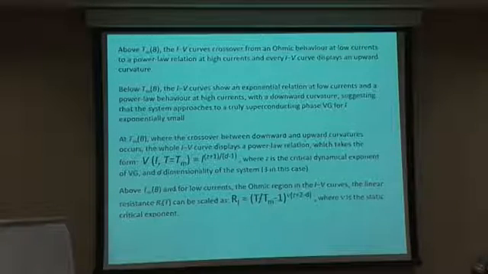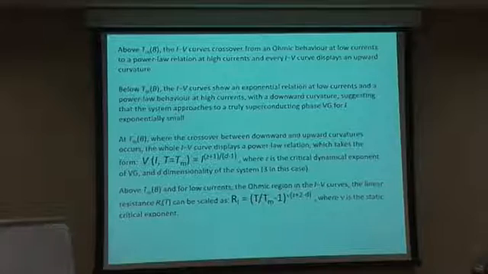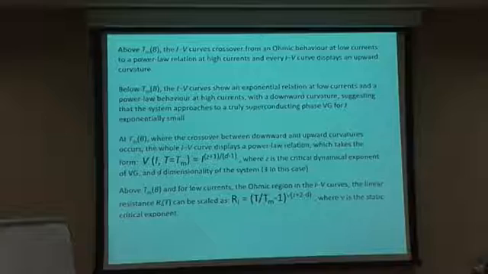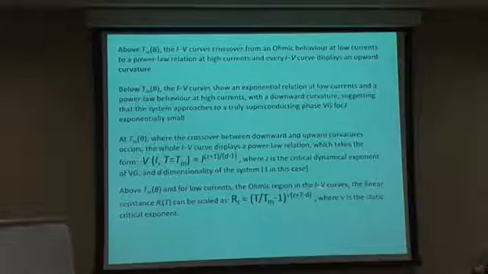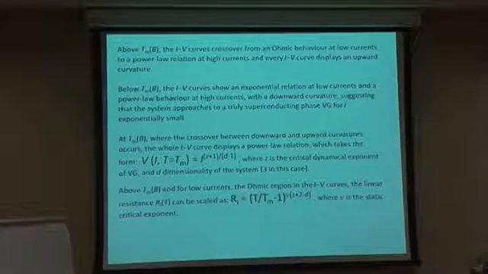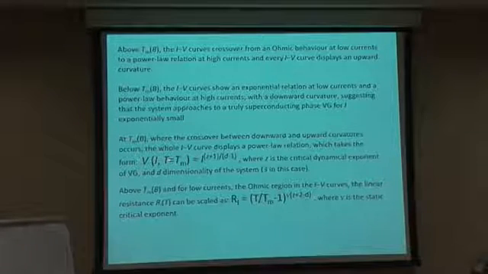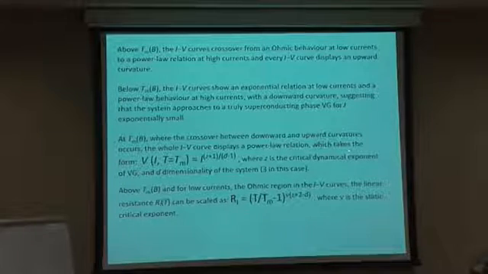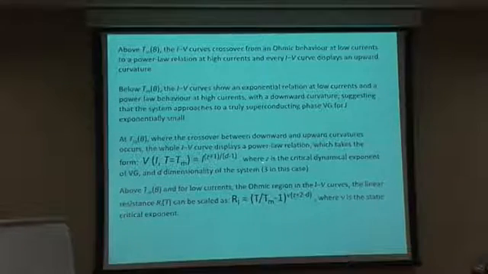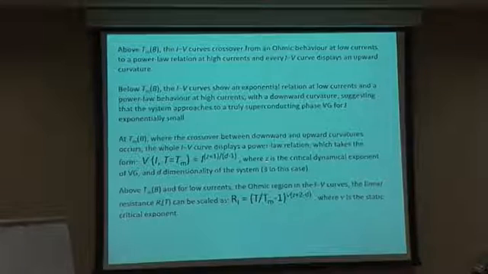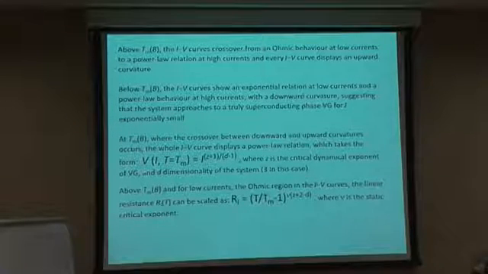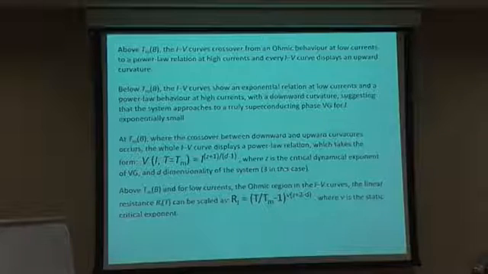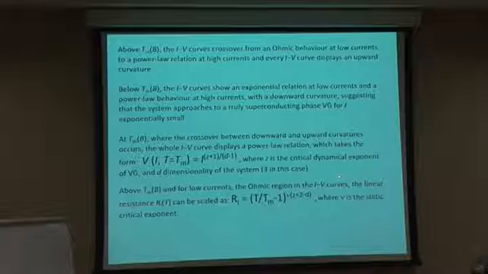Now, it is a seminal review paper by Fisher and Hughes in a PRB, I don't know exactly the year, but they can also do some sort of scaling. So they find out that the whole IV curve displays a power law relation which takes this value, and z is the critical dynamical exponent of the vortex glass, and d the dimensionality of the system, 3 in this case, meaning 3 in terms of YBCO and then superlattices.